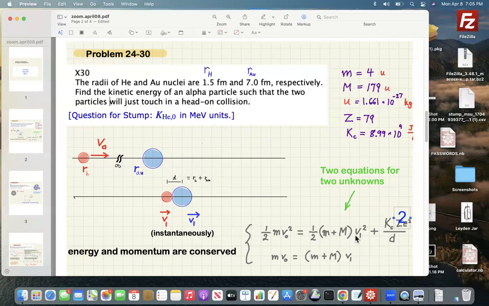Well, v0 and v1 are unknown. Now the answer to the question will be 1/2 m v0 squared. So after you solve these two equations using algebra, solving two equations with two unknowns, you take v0 and calculate 1/2 m v0 squared. That'll be the answer to the question.